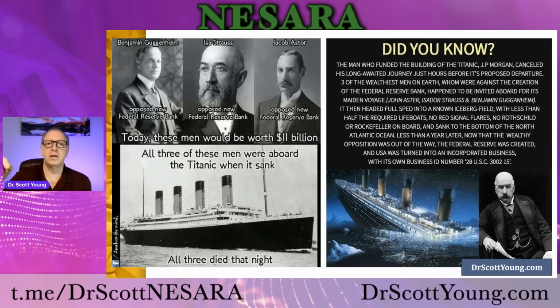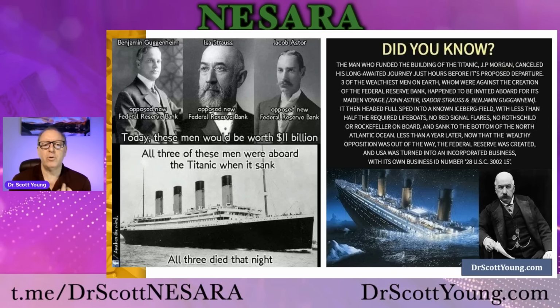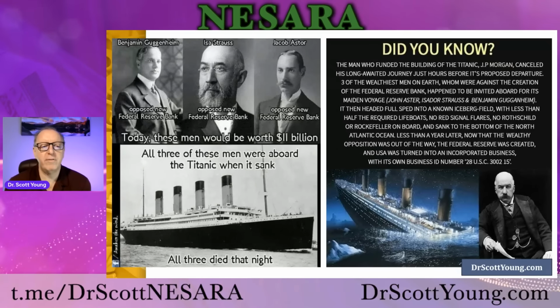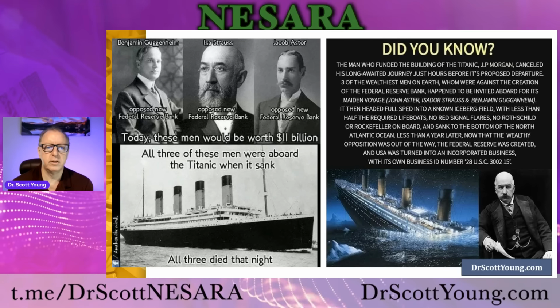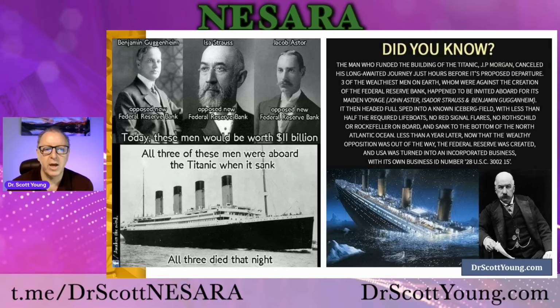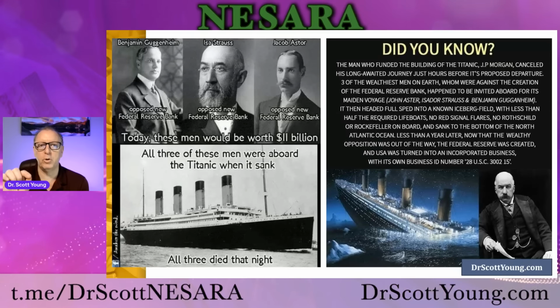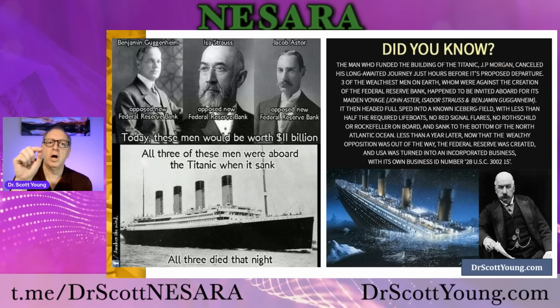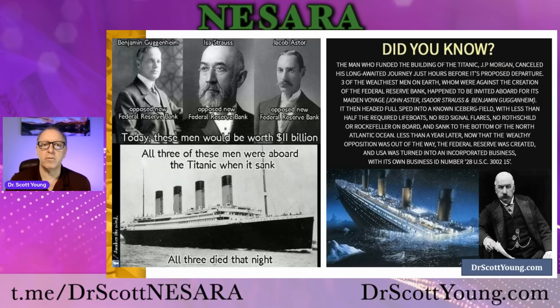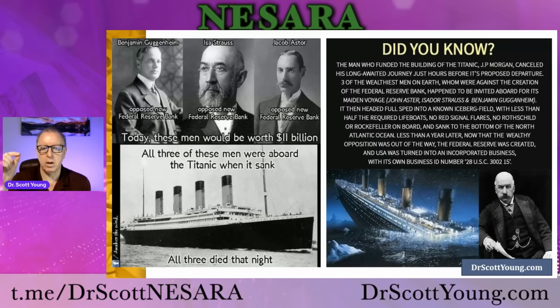Doesn't dock in Ireland. He doesn't get on the ship, but he allows three of his rivals, Guggenheim, Strauss, and Astor. Levi Strauss, okay? These are power brokers, and they're completely opposed to the concept of the Federal Reserve. Now remember, this is in April of 1912. You see how they're thinking a little bit ahead.